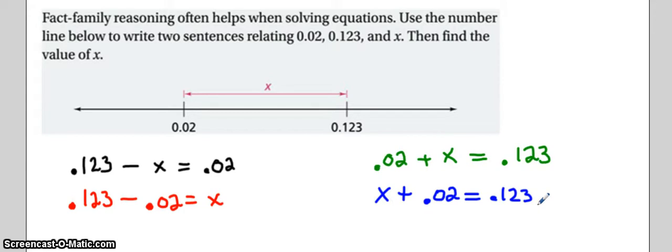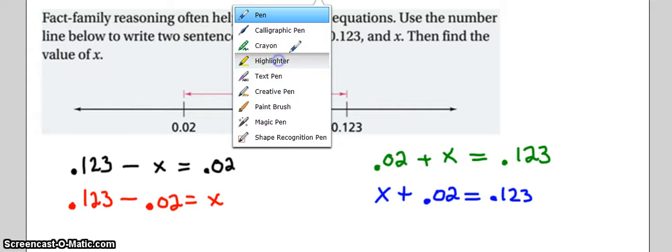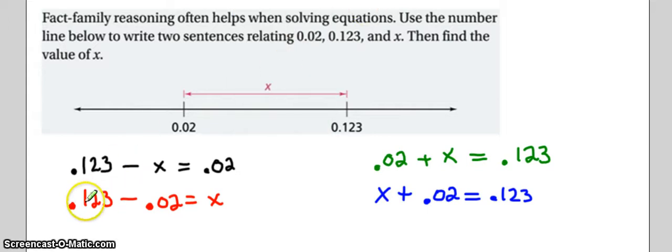Now, when we are using algebra and solving for variables, we want x, or the variable, on one side of the equation and everything else on the other. One of these does a fabulous job and helps us solve this equation and actually find the value of x, which is the next part of the problem, where we're supposed to find the value of x.